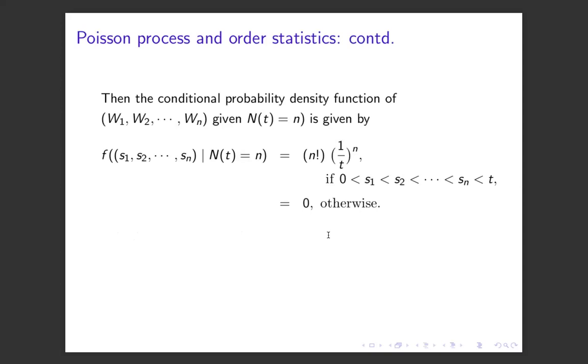Then the result says the conditional probability density function of W1, W2, ..., Wn given N_t equal to n, that is the conditional density at s1, s2, ..., sn given N_t equal to n, is n factorial times 1 over t to the power n if these si's are in strictly increasing order, that is 0 less than s1, strictly less than s2, less than etc., less than sn and less than t.